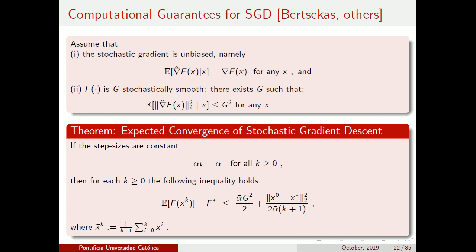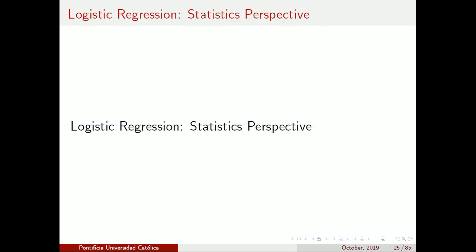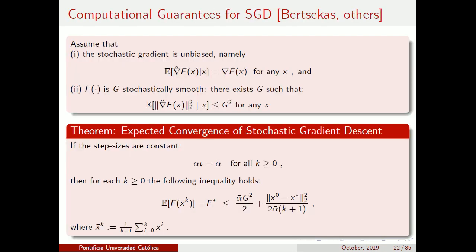I start here, compute a stochastic gradient, go over here, compute a stochastic gradient, go over here, compute a stochastic gradient. This is a random process. If I take the average of all of those points, that's x bar k, and it is expected to do very well. And we'll just see an example of that. Or sorry, not seeing an example of it.